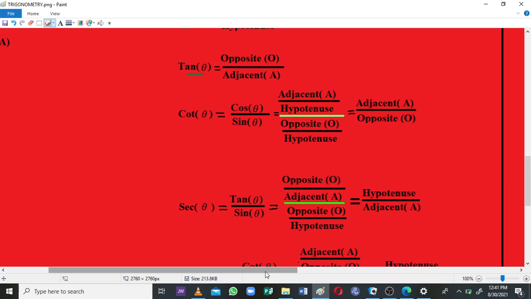We know what cos is from previous notes. Cos theta is equal to adjacent over hypotenuse, right? This is what you can see on top. This alone is cos, and this down is sine. So if you want to form the cot ratio, we divide cos theta over sine theta.